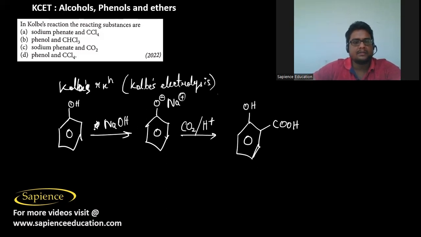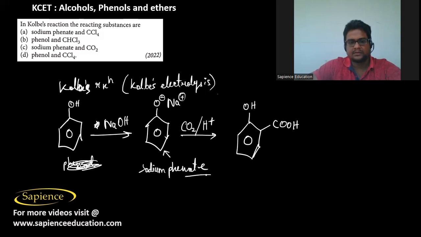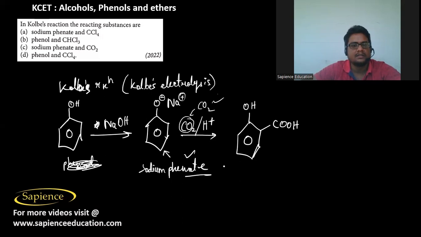So here the reacting substances in Kolbe reaction, one is the sodium phenate, and carbon dioxide CO2 are the reacting substances.